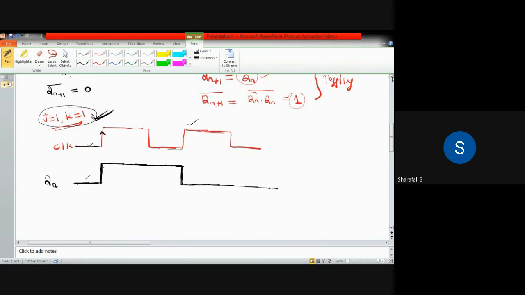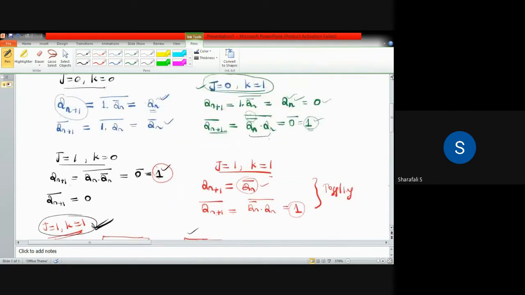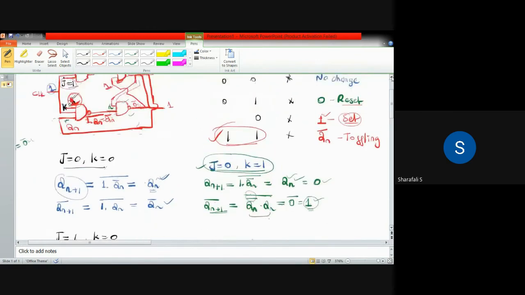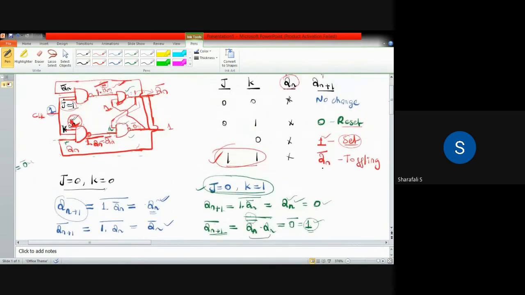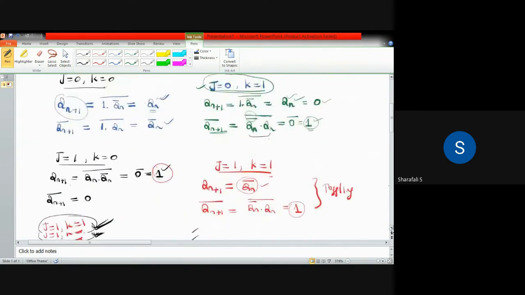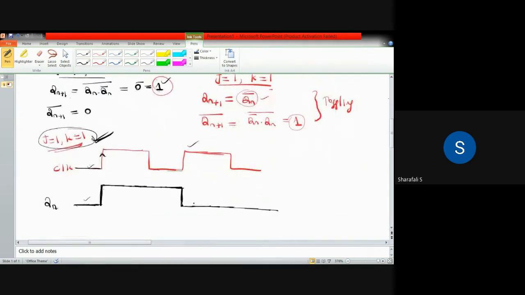So with J equal to 1, K equal to 1, we have this toggling case. In this toggling case, your Qn is going to become Qn bar. Now, there is one problem with this toggling condition. If your clock pulse has a very large period like this, what is happening in reality?